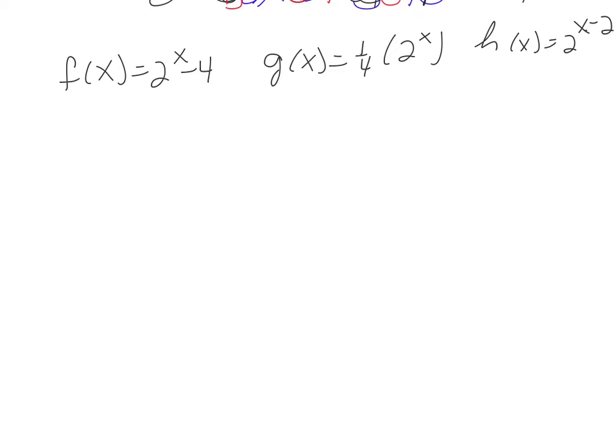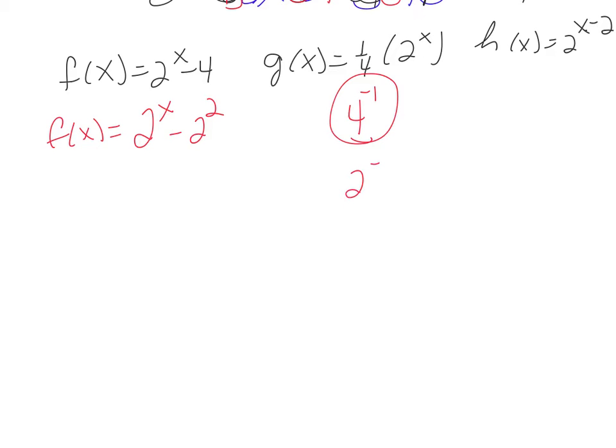Okay, so let's take a look at 17. Number 17 is using the properties of exponents to see which of these functions are equal to each other. So I want to rewrite these. I have f of x equals 2 to the x minus 2, which is 2 to the x times 2 to the negative 2, or 1/4. Another way to write 1/4 would be 4 to the negative 1, and 4 to the negative 1 would be 2 to the negative 2, times 2 to the x power.